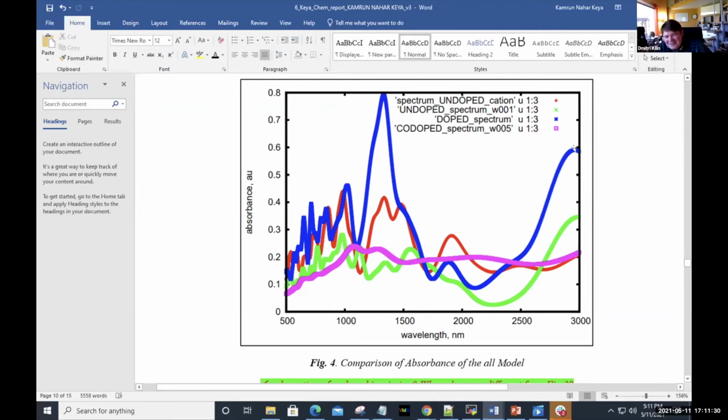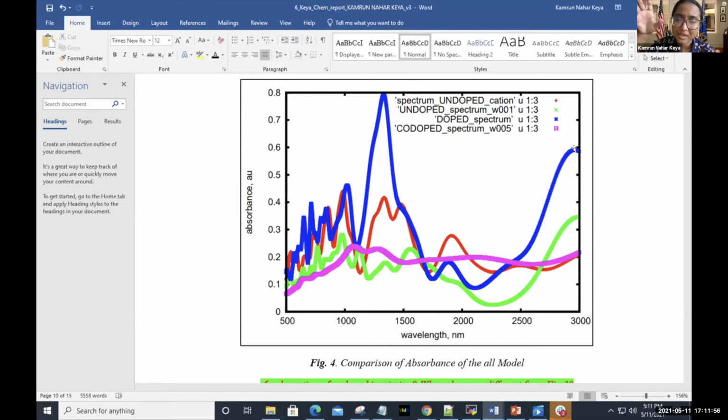So in the app, what we just see in the absorption transition energy versus absorption graph is that at zero transition energy, there is a large amount of absorption. It shows large amount of absorption.